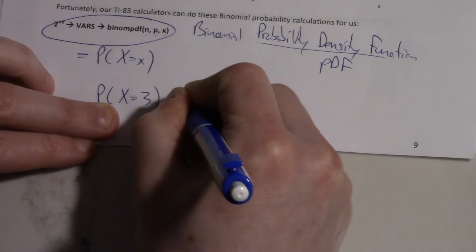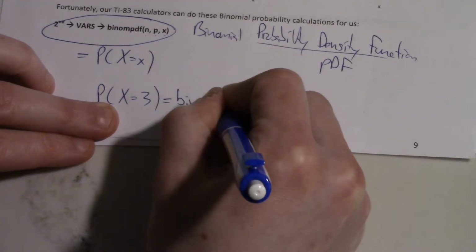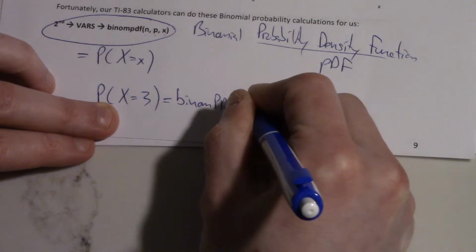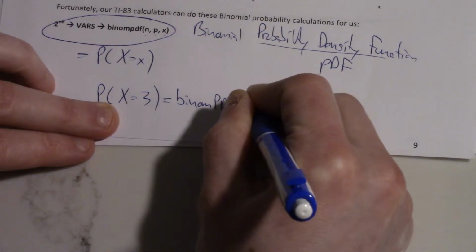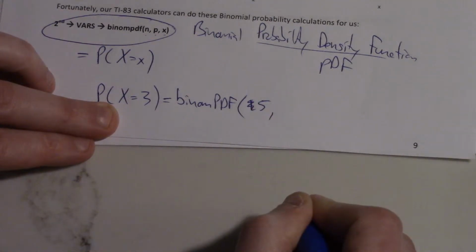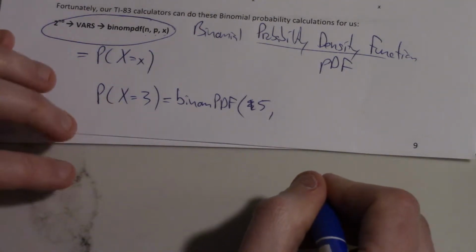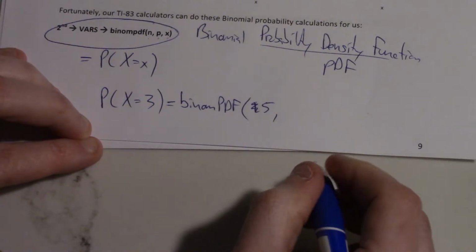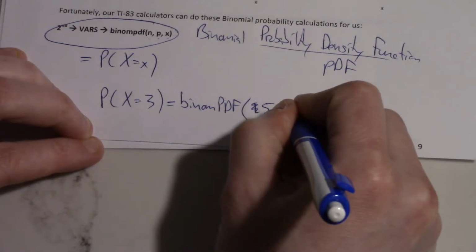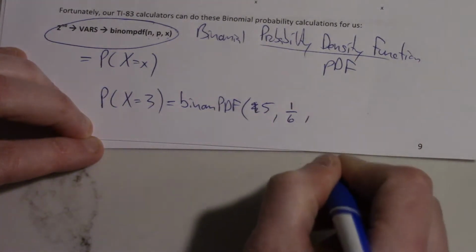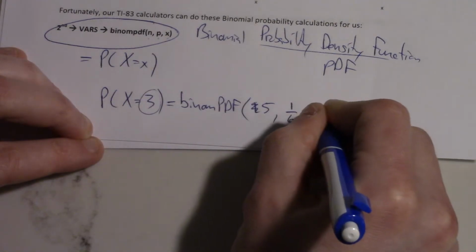So what we're going to do is do binomial PDF, where n was 5. P, the probability of rolling a 5 on any given trial, was 1/6, and we want 3 successes.